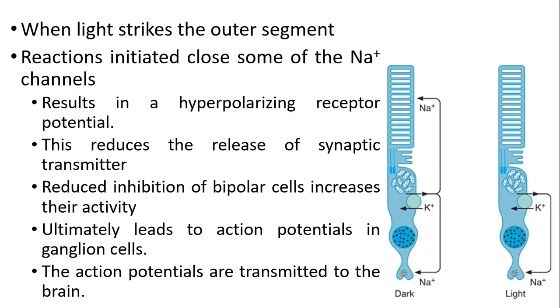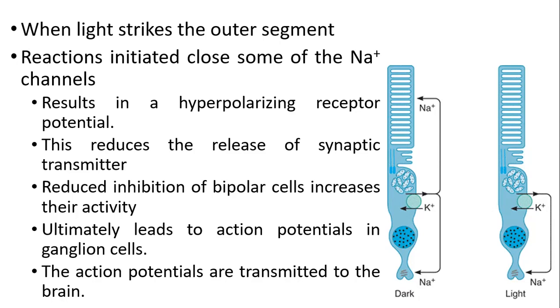So if there's a reduction of the flow of sodium, caused by light, it results in a reduction in the release of the synaptic transmitter, which is known as glutamate. When sodium channels close, glutamate release is reduced.